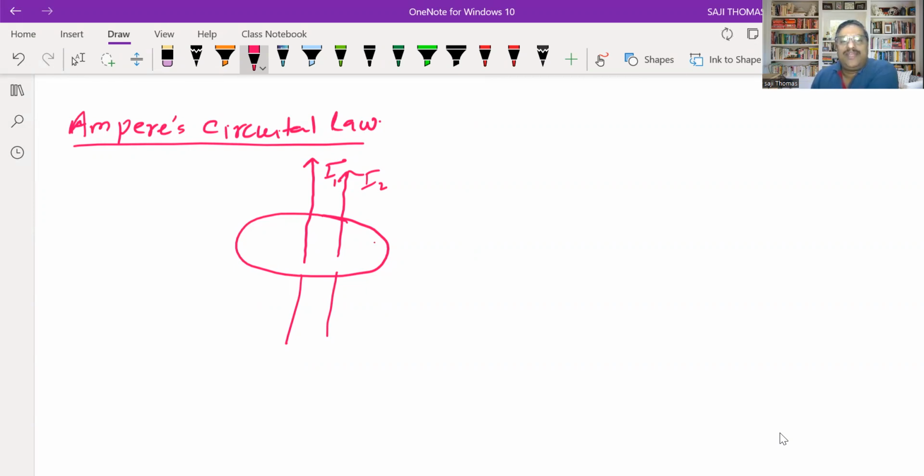This loop we can divide into a very large number of infinitesimally small lengths. See, this is one such length dl. When we consider this dl, the magnetic field is along the tangent.